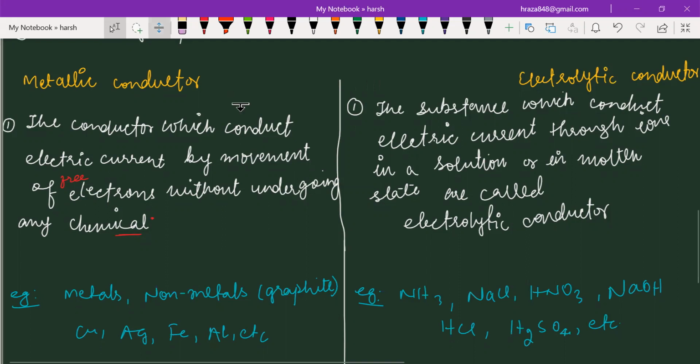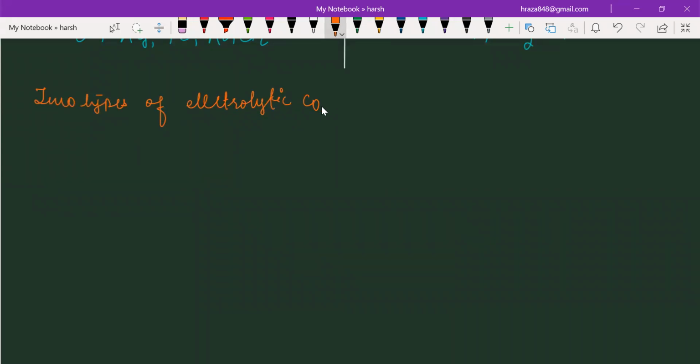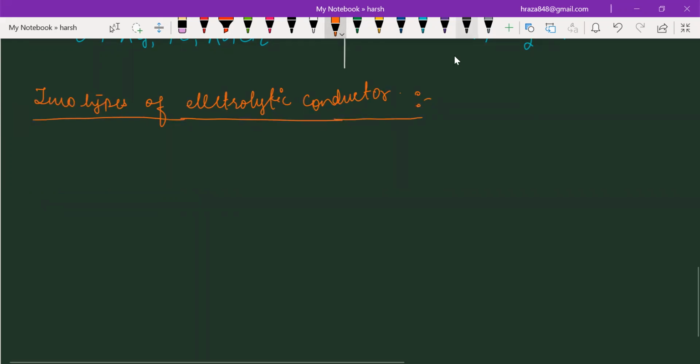Now see, this electrolytic conductor is further divided into 2 parts. So I'm just going to write 2 types of electrolytic conductor. Now see, what are these two types?